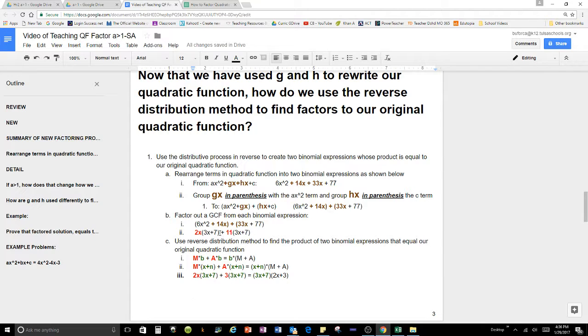We factor out the greatest common factor, and when we factor out that greatest common factor, it's going to leave the same number inside the parentheses here. Then we can use the reverse distributive method to create two factors for our quadratic function. Okay?